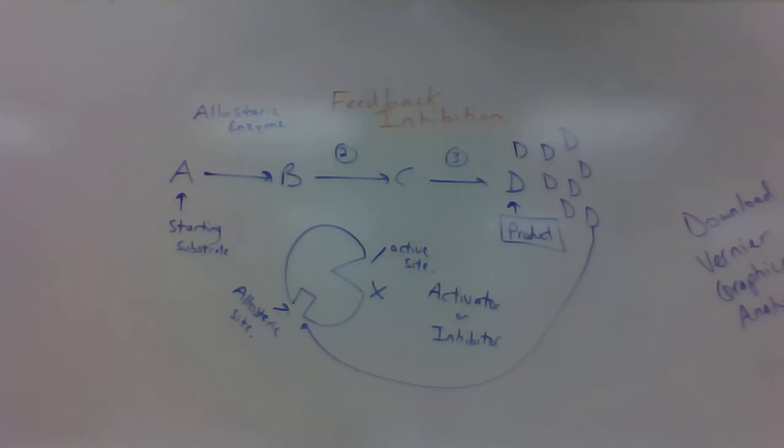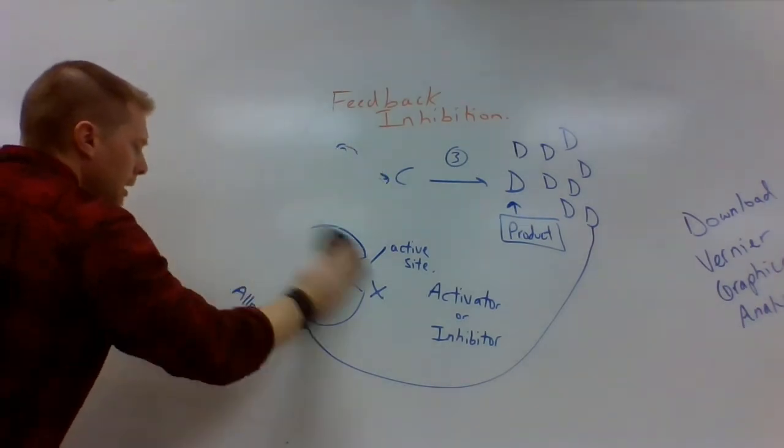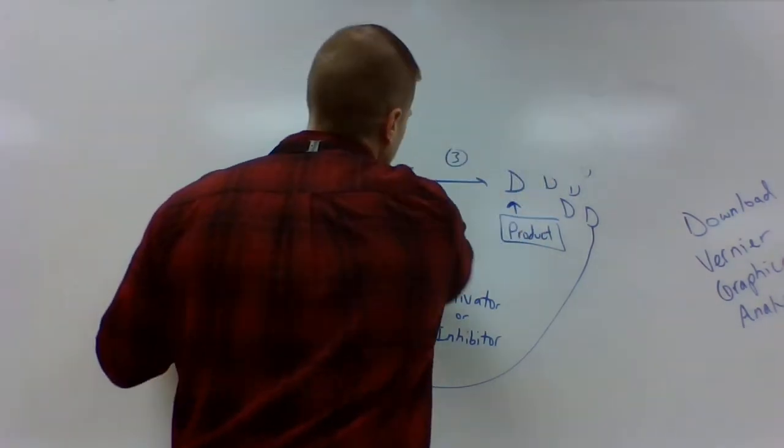I think that makes a lot of sense, right? So feedback inhibition and allosteric enzymes are used to regulate all of your metabolic pathways. Are we all very clear with this? Right? Really important for you to know and for you to understand.